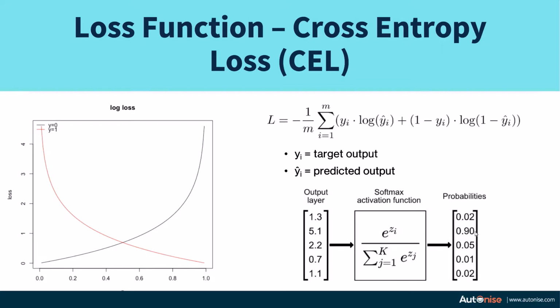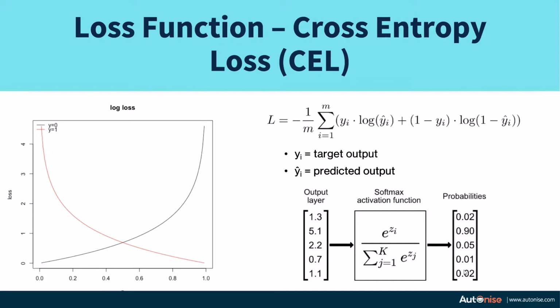The values are positive because e to the power any number remains positive. And if you sum the values of the output, you'll always get 1. So if you sum all the values, then in the denominator, you'll get the sum from i equal to 1 to k of e to the power zi, and the numerator and the denominator will cancel out to give a value of 1.